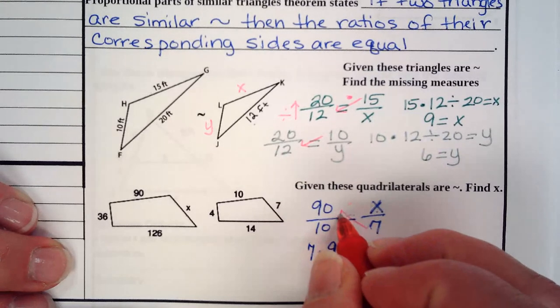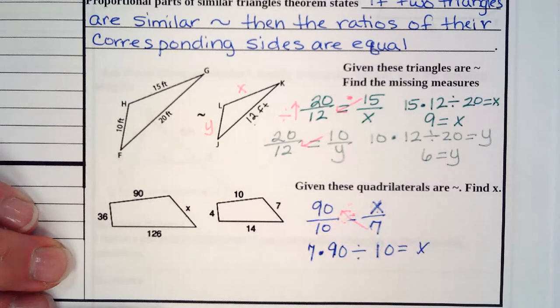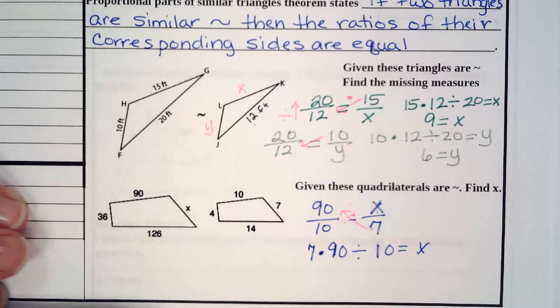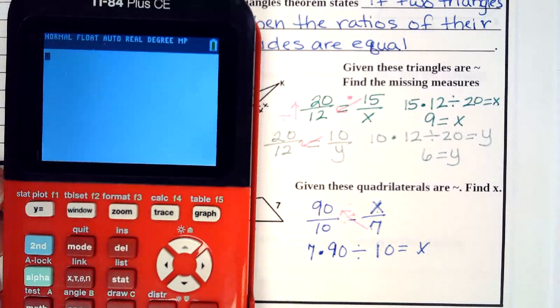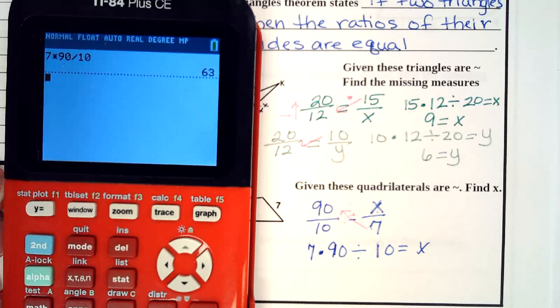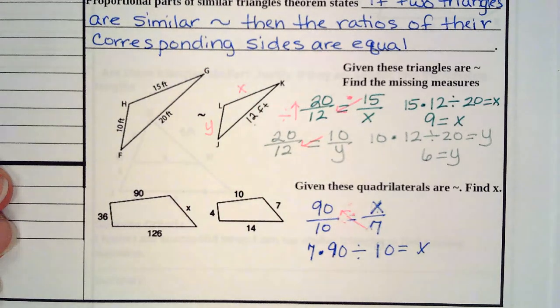Our diagonal now is going up. Seven times 90 divided by 10 is 63, and that makes much more sense.